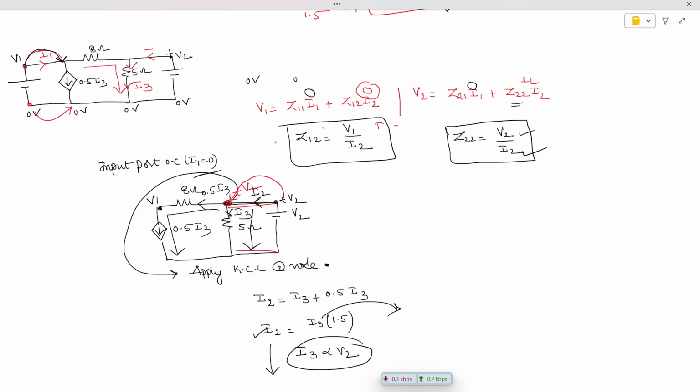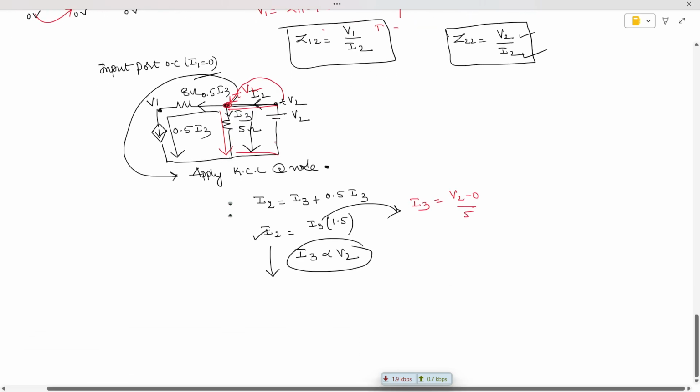So now, I3, the current flowing in this branch with respect to V2, is equal to V2 minus 0 by 5. Therefore, I can write I2 is equal to V2 by 5 into 1.5.